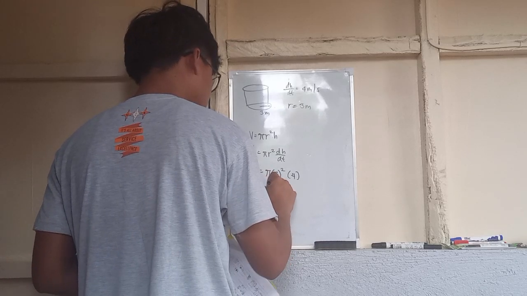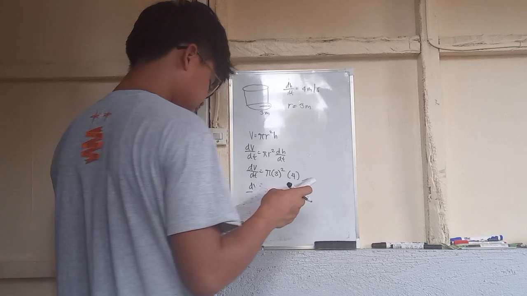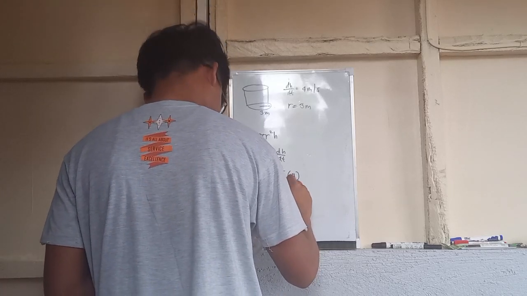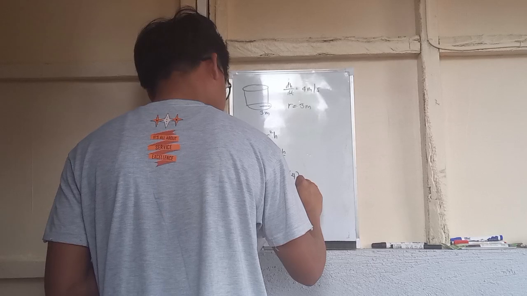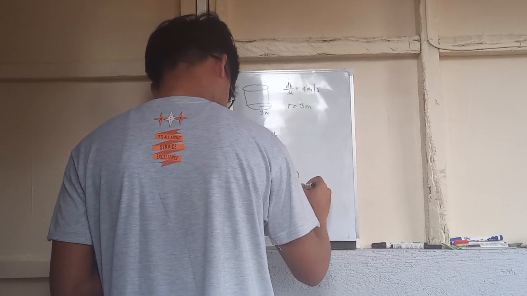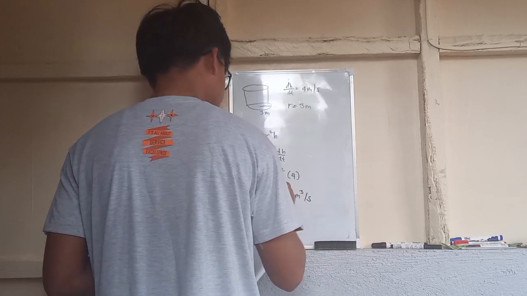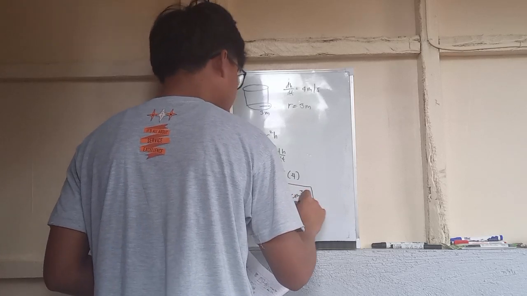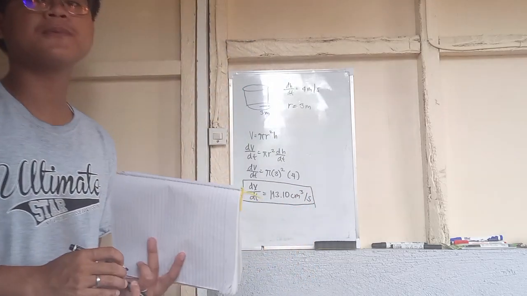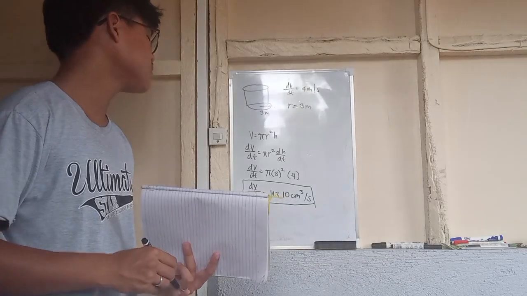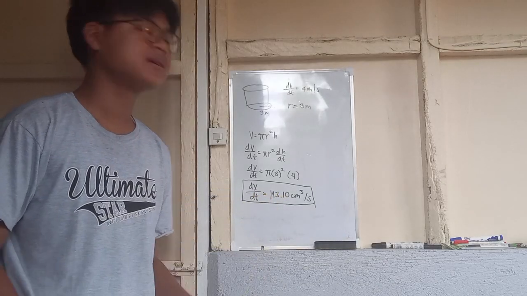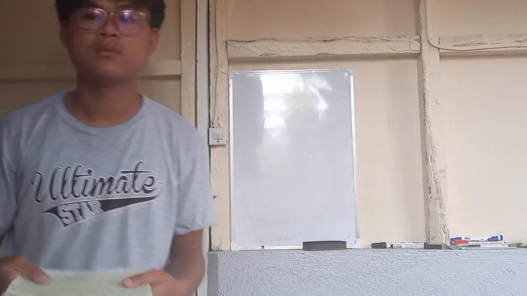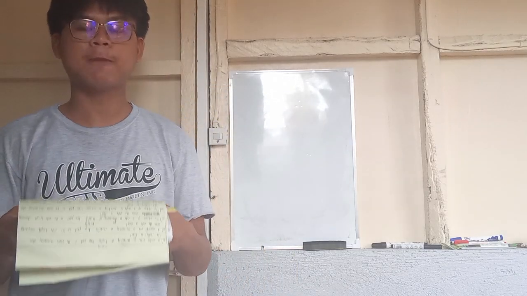We can get the value of 113.10 centimeter cube per second. So now we have the final answer of the rate of the cylinder, which is 113.10 centimeter cube per second. So we'll proceed to the next problem.